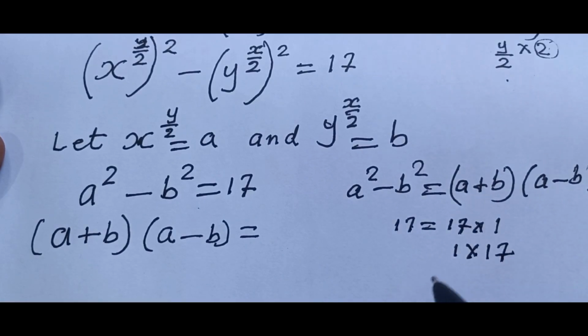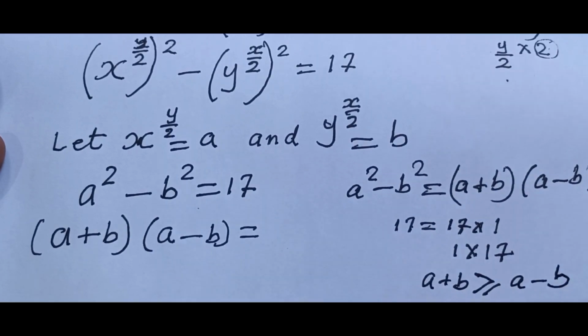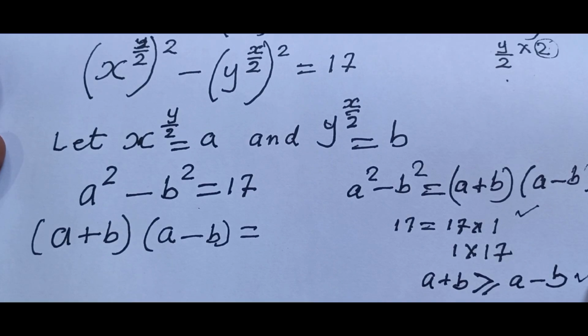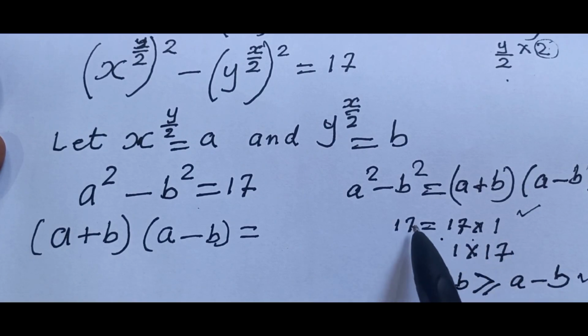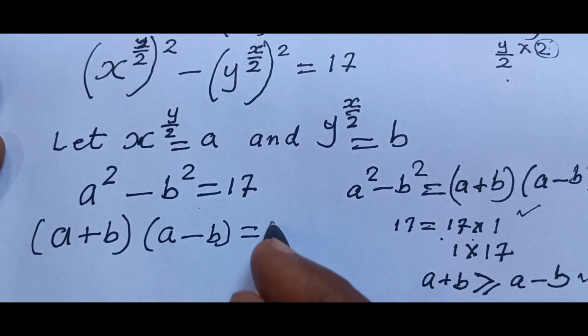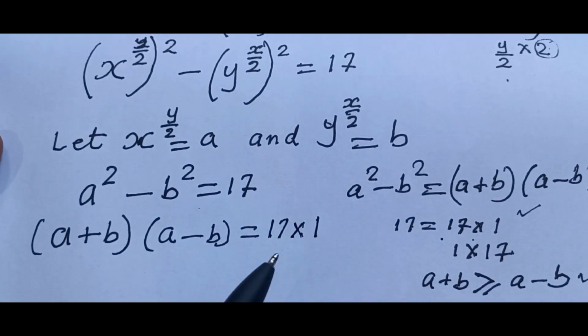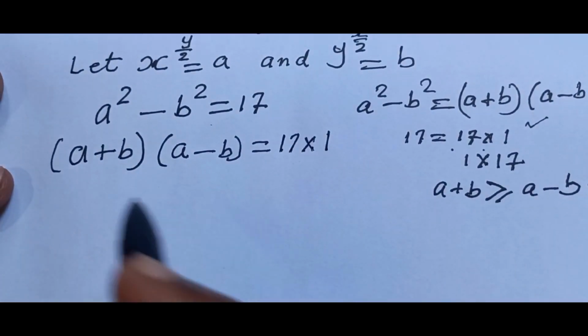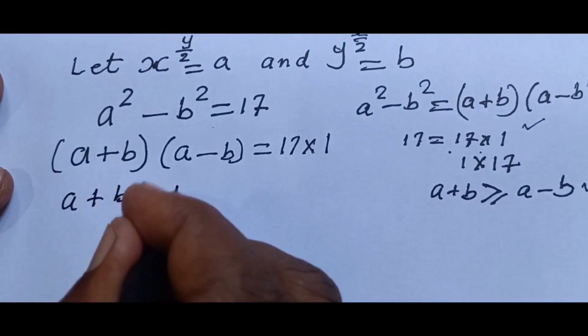Bear it in mind, a plus b should be greater or equal to a minus b. Obviously, this one obeys this condition. So we will use 17 times 1 as the positive factors of 17. So here is the matter of doing comparison. We have a plus b equals to 17.